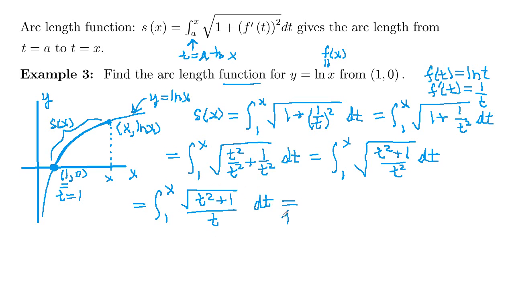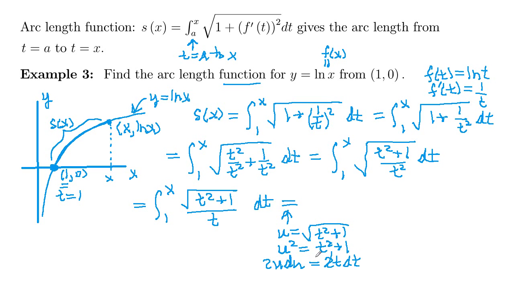So what if we tried u equals the square root of t squared plus 1? Then squaring both sides, u squared would be t squared plus 1. Taking the differential of both sides, 2u du will equal 2t dt.